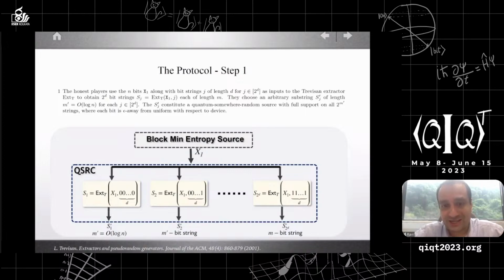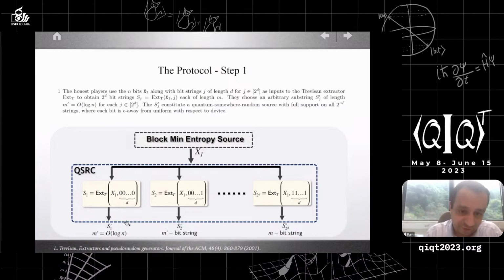Intuitively, you can understand that if you enumerate all possible seeds, there must be at least one J in this string of S1, S2, all the way to S_{2^D}, such that this S_J star is epsilon away from uniform. Because the extractor is able to extract randomness if you have independent seeds, if you don't have an independent seed, you simply enumerate everything and you can guarantee that at least one of the positions has epsilon amount of randomness.